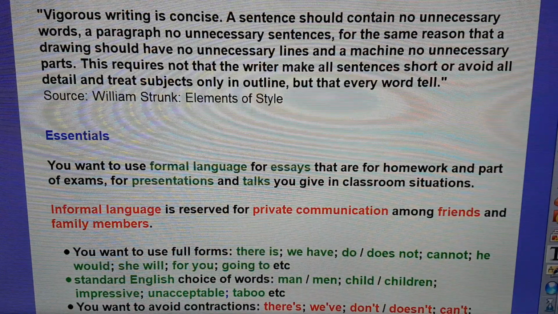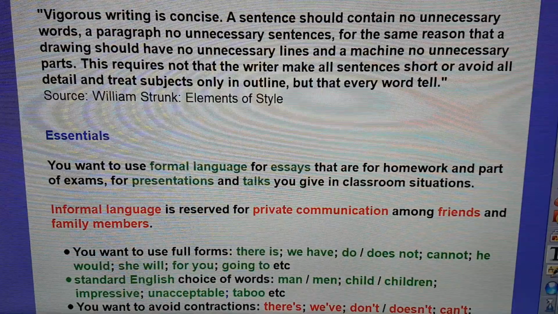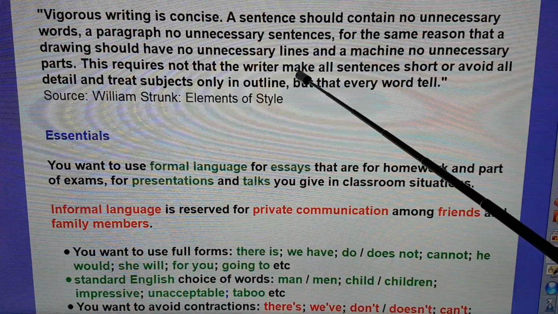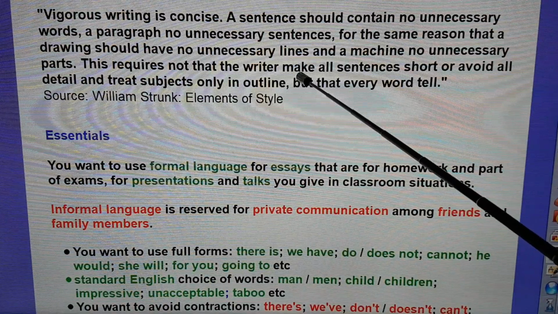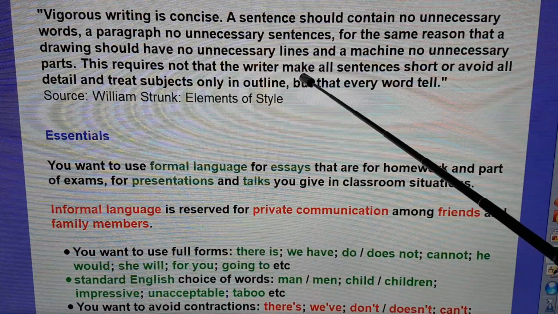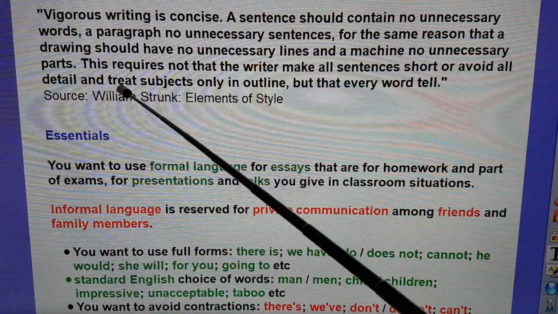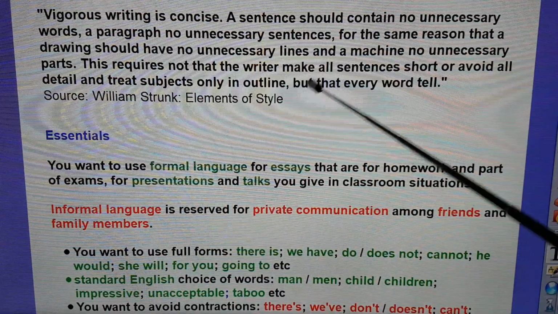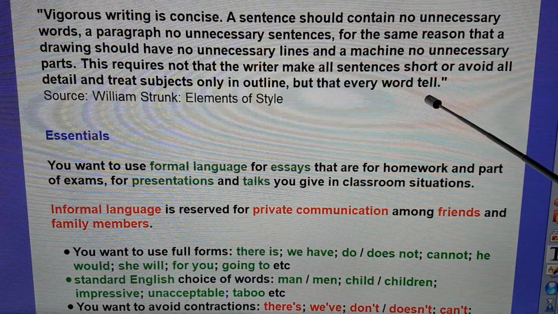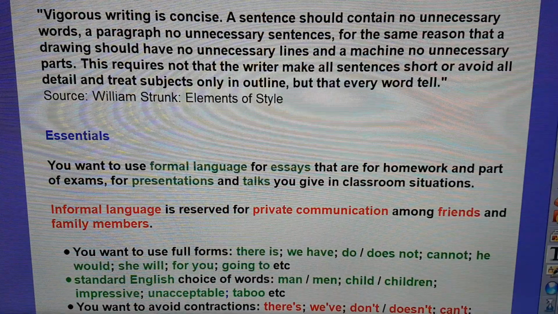Don't bother about "make," third person singular, make without S, "treat," the same thing, and "tell." He, she, it, das, es, muss, mit.